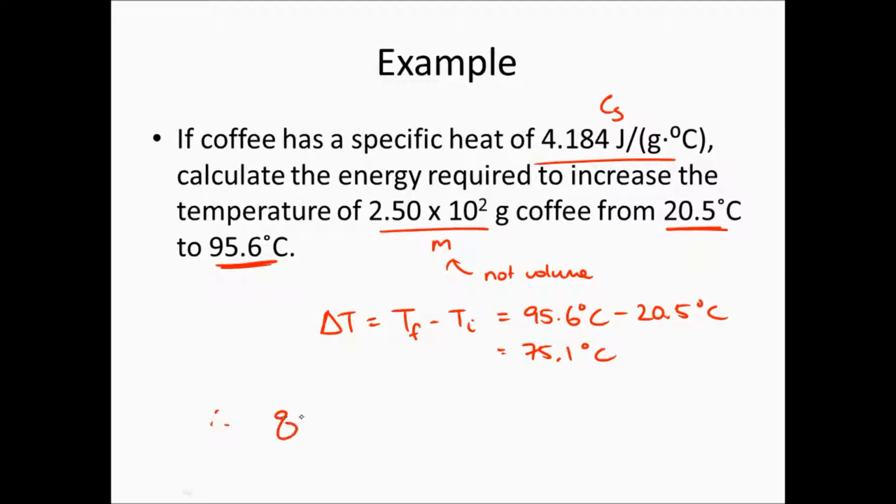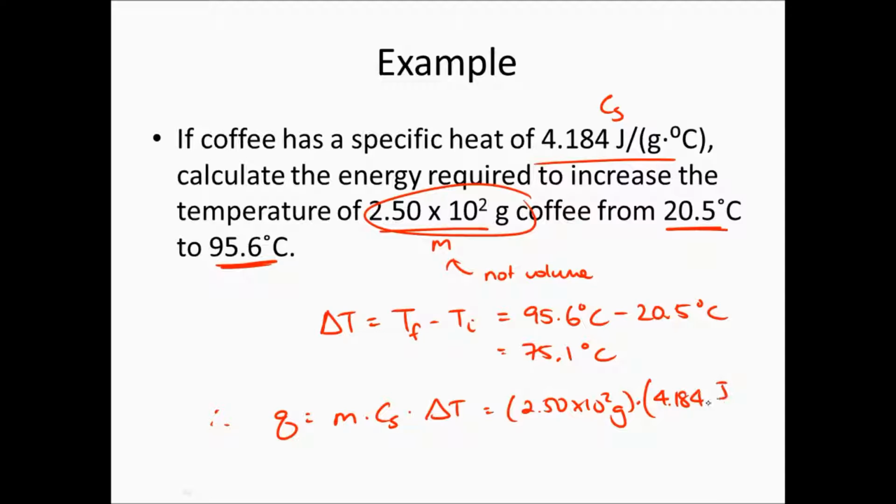Therefore, the heat required is mass times specific heat times the change in temperature, which is 2.50 times 10 to the 2 grams, that's the mass I've got here, times the specific heat, which is 4.184 joules per gram per degree Celsius, times 75.1 degrees Celsius. If I cancel out my units, I find I have the energy in joules, which is what I want, and it comes to 7.85 times 10 to the 4 joules.